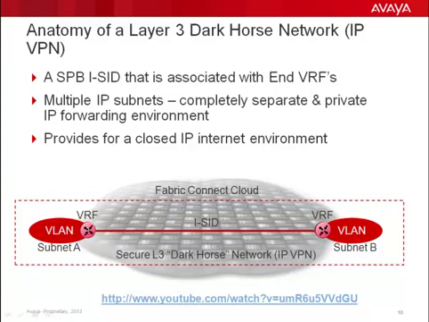Let's take a moment and talk about the anatomy of these circuit-based services. The anatomy of a Layer 3 Darkhorse network is actually very simple. It's nothing more than an ISID, which is short for I-Component Service ID, basically a shortest path bridging circuit, that is associated with VRFs. The VLANs attached to the VRFs are given IP addresses. However, none of the IP subnets are reachable outside of the IPVPN environment.